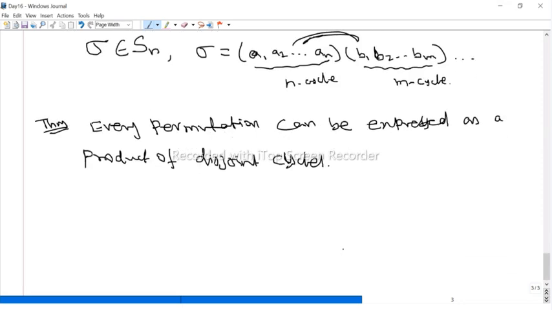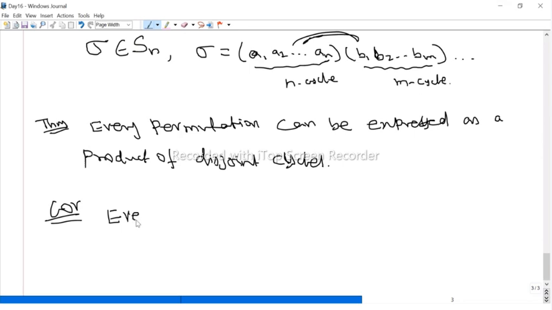Another corollary of the theorem is that every permutation can be expressed as a product of transpositions. What is a transposition? A cycle of length 2 is called a transposition.